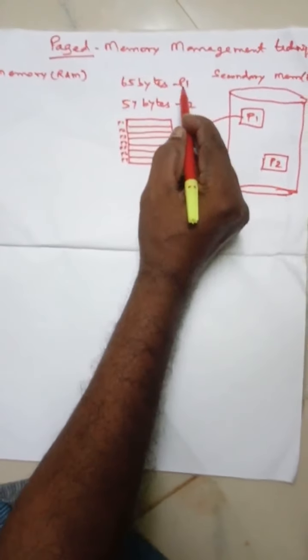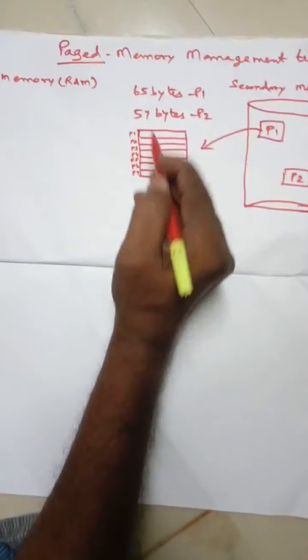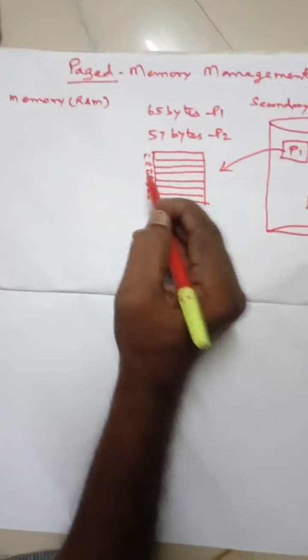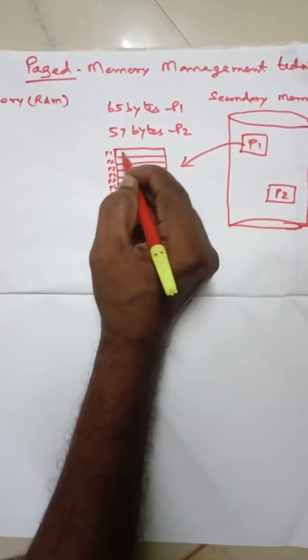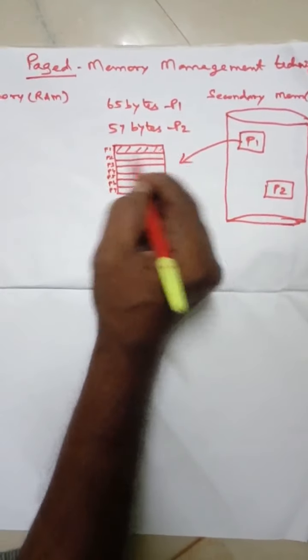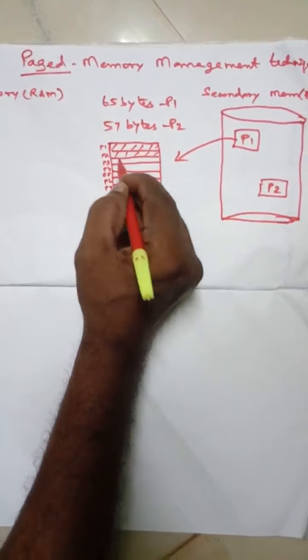So for program 1, from page number 1 to page number 6, the entire space is occupied.